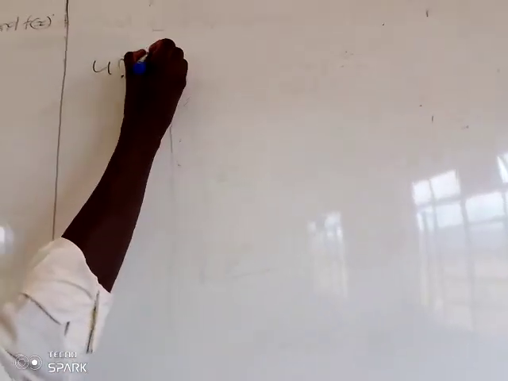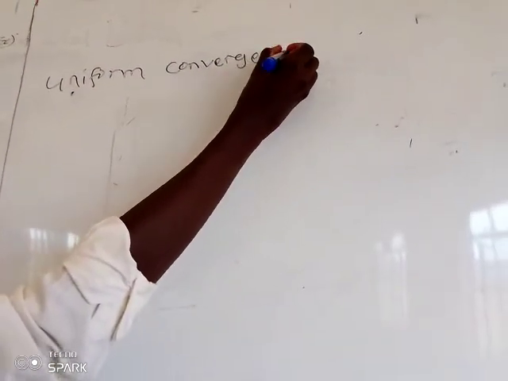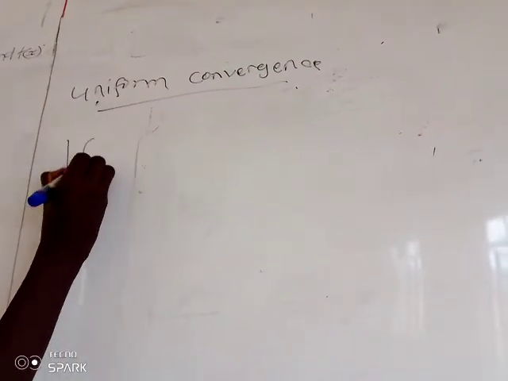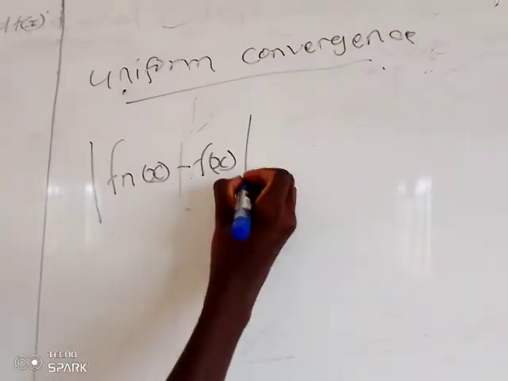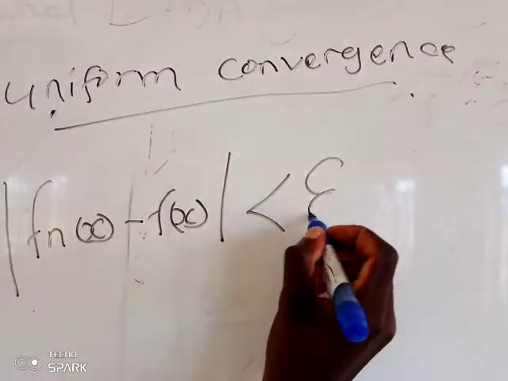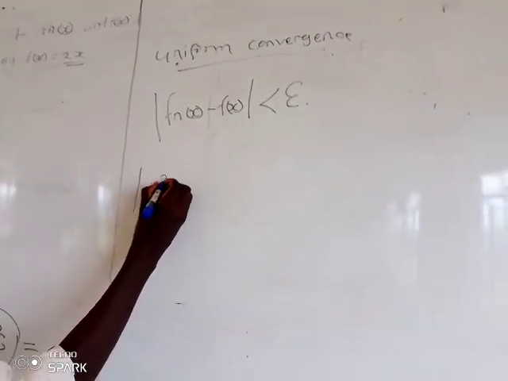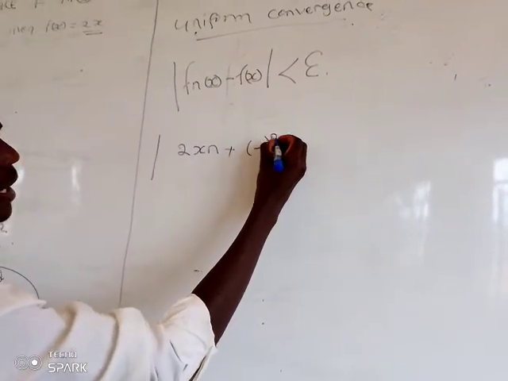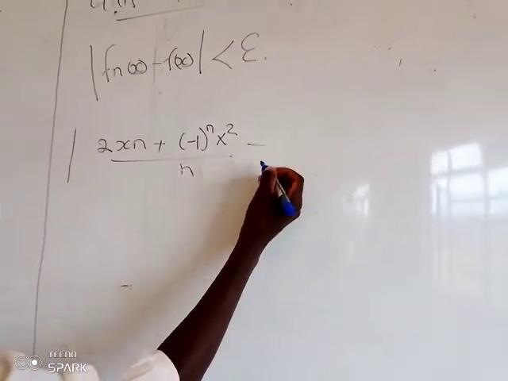Uniform convergence. From the formula, the absolute value of f_n of x minus f of x should be less than what? Epsilon. So we introduce the absolute value of our function, which is 2xn plus negative 1 to the power n times x squared all over n, minus f of x.